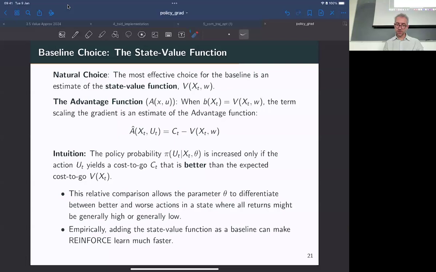So the intuition is the following one. The policy probability pi is increased only if the action U yields a cost to go that is better than the expected cost to go V of X. So that's the effect we are getting introducing the value function as a baseline in the policy gradient estimate.